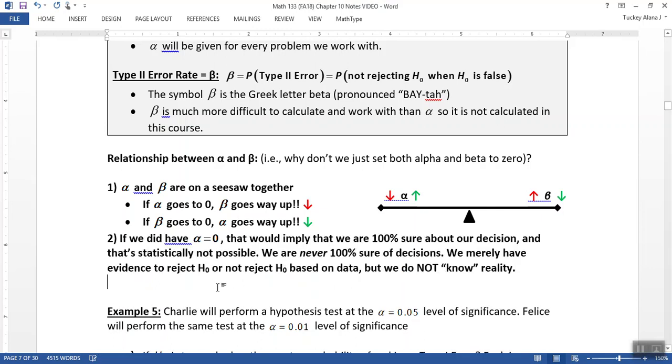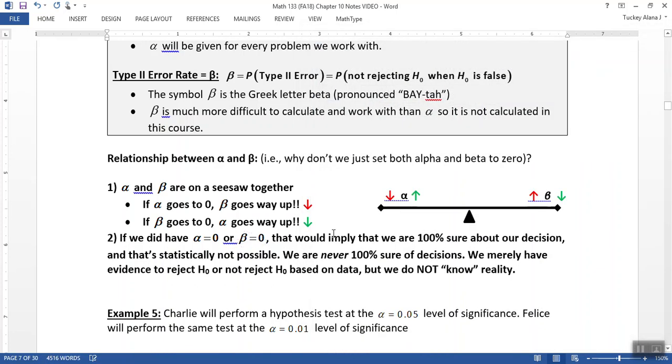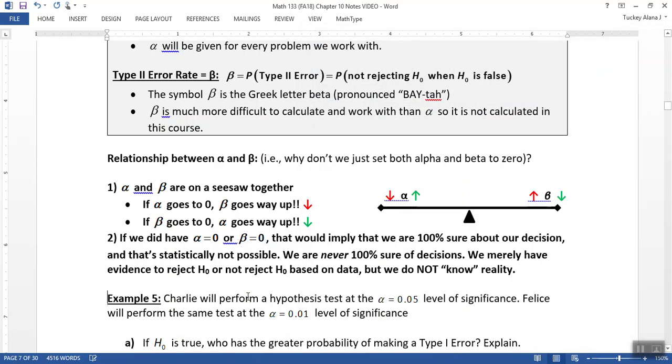So we're never 100% sure of our decisions, right? If you're going to set alpha or beta to 0, either one of them, that would imply that we were 100% sure, and that is not possible. Because that would imply that I am 100% confident, and 100% confidence is not possible. So we don't get to know reality, not in statistics.